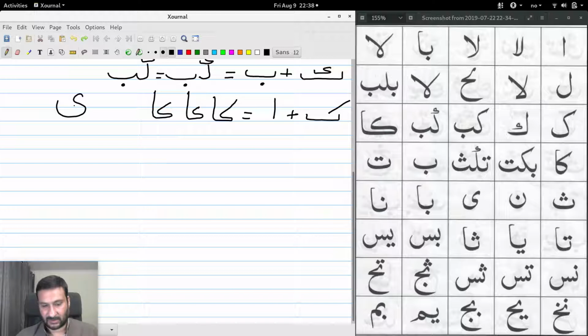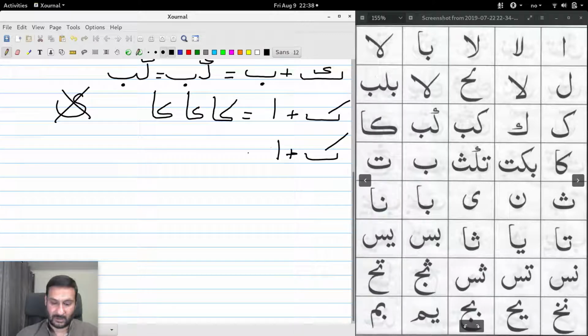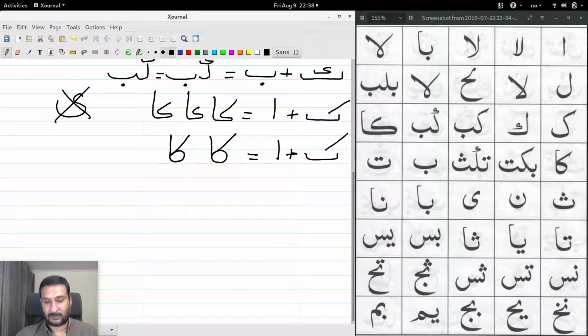This is kaf, so it's not a yeh. I'll cross it out here. Then another form of kaf alif, as you see on the screen on the right, is this one, and this is very easy. You just write like so, or another way of writing this is like so, kaf alif.